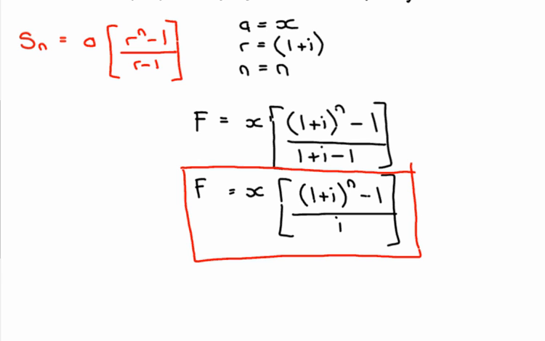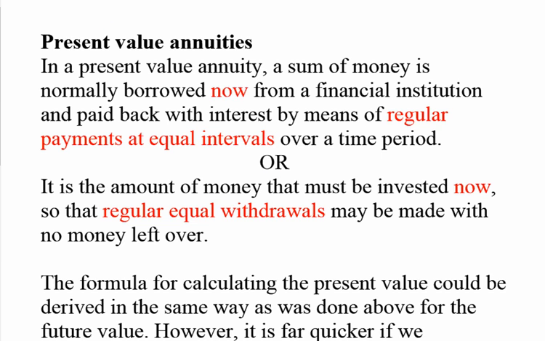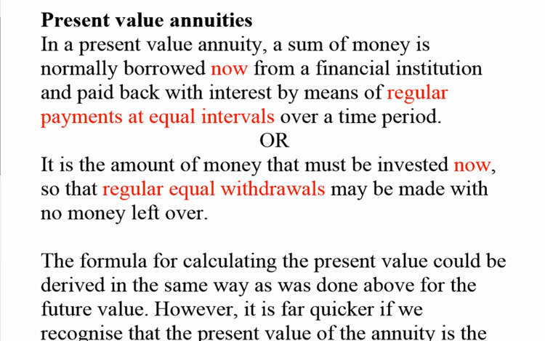Right, so let's have a little look at what happens if we want a present value annuity. Okay, so our present value annuity, a sum of money is normally borrowed now. That now is very important.